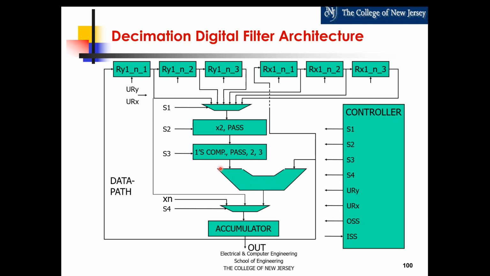Then I have the set of registers to store previous values of y1, and also this register to store previous values of x1. And to do that, all I have to do is shift them, and they will basically act as a FIFO.